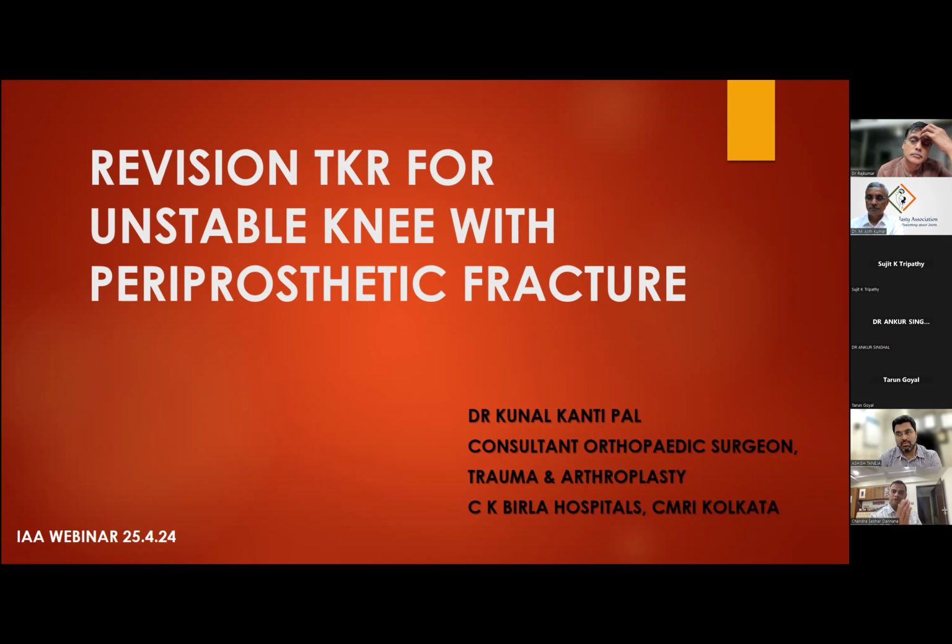If your PCL is good enough and you are using it as a restraint to prevent any posterior subluxation, and you haven't resected any part of the anterior fibers of the PCL, which sometimes get inadvertently cut if your tibial cut is very low, then in those cases, if you are not very sure, maybe you can go for it. But if you are very confident that it is stable, there's no need to routinely go for an anterior stabilized insert as a prophylactic measure for the future.